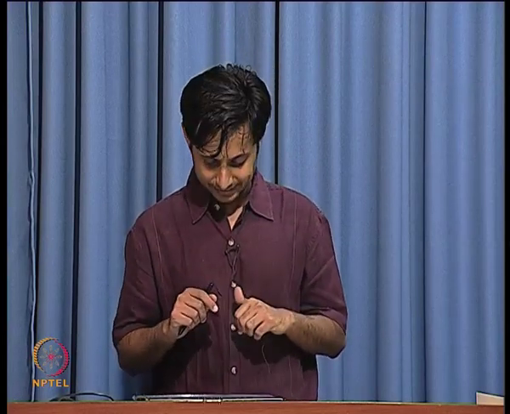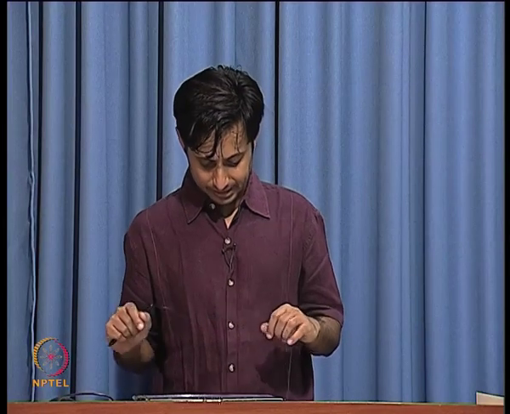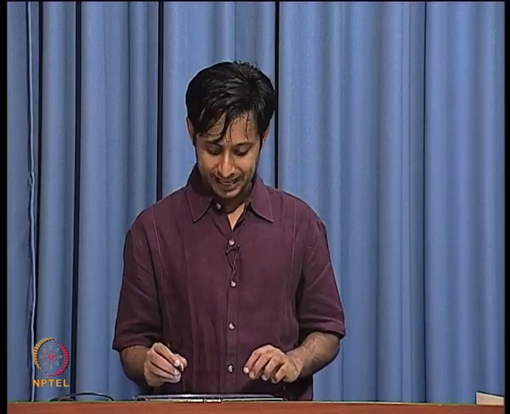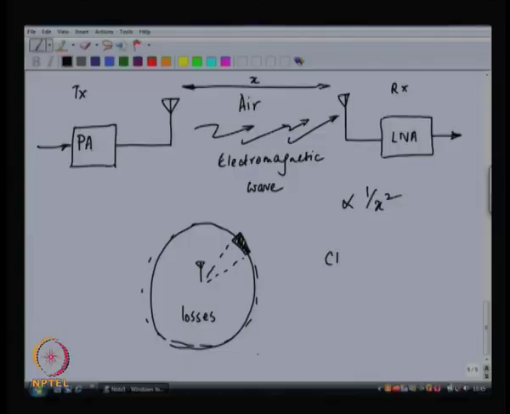We also like to handle as much power as possible, and under all of these circumstances, we choose a certain characteristic impedance of the antenna. I am going to come to this word again and again. Right now, just treat it as a word, characteristic impedance.